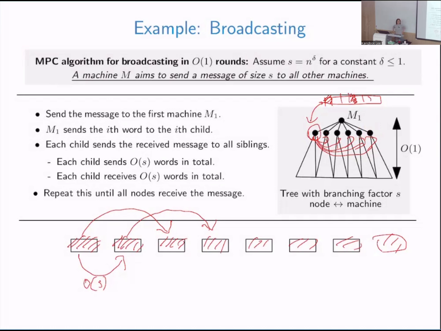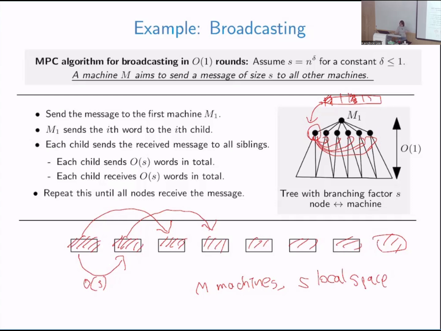So if you have M machines, then M divided by S, times 2 rounds. S is the local space, and the S machines get all messages in 2 rounds.